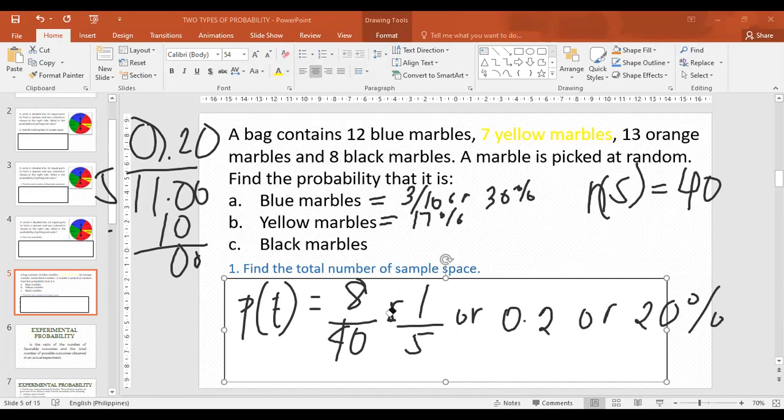This is the final answer. Okay? So, 20% is the probability that black marbles will be picked. Okay, so this is finding the probability of a simple event.